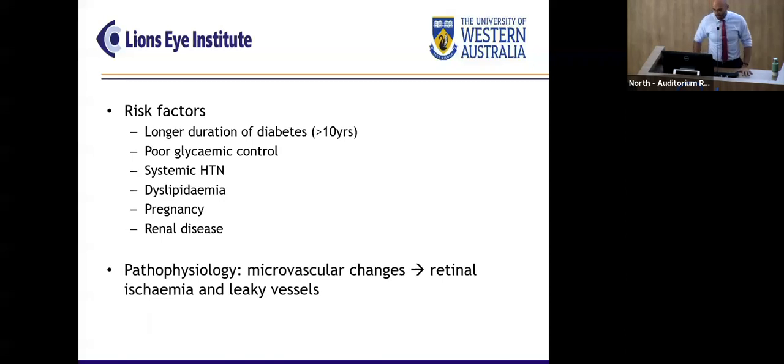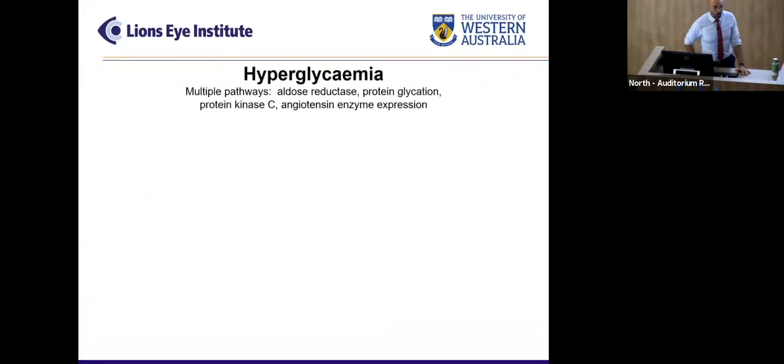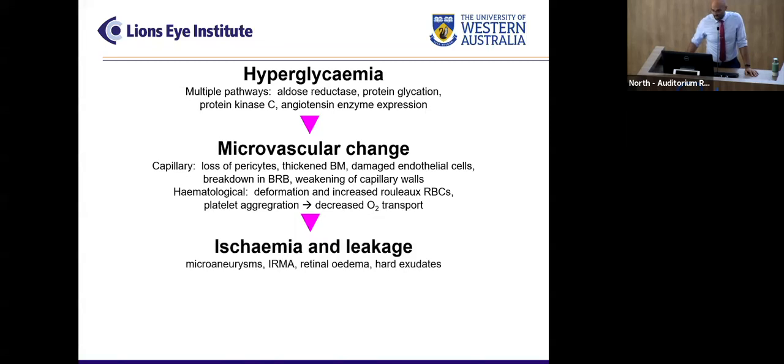The pathophysiology, as I mentioned, is basically microvascular changes leading to ischemia and leaky vessels. Let's get into that a little bit more now. Hyperglycemia via multiple pathways ends up resulting in microvascular damage, both to capillaries themselves, so you get loss of pericytes, a thickened basement membrane, and weakened capillary walls, and you also get deformed red blood cells as well as aggregation of platelets, all of which lead to ischemia and leakage.